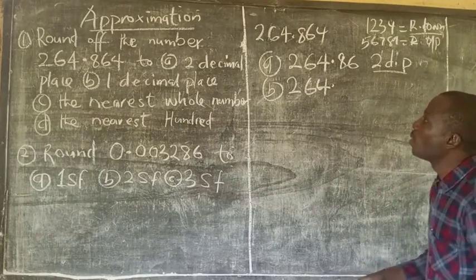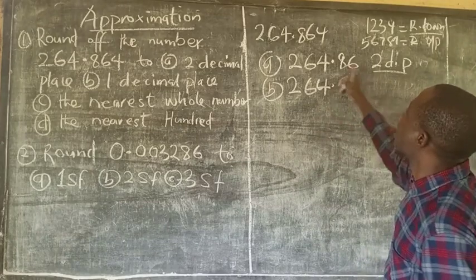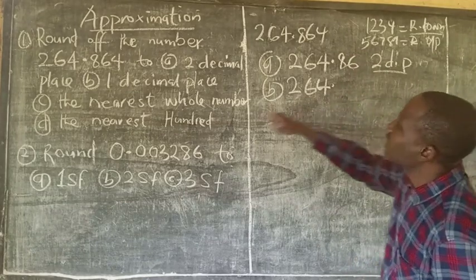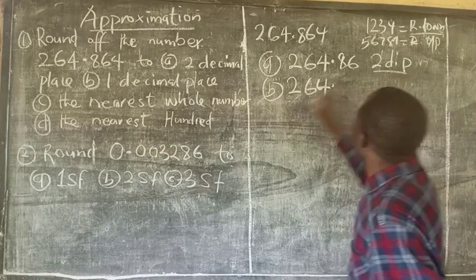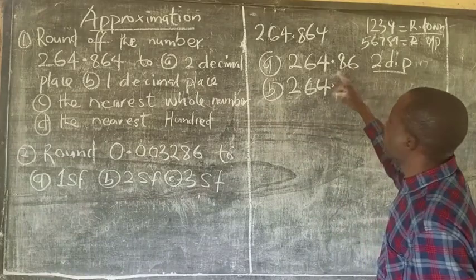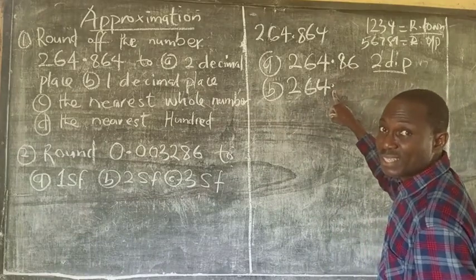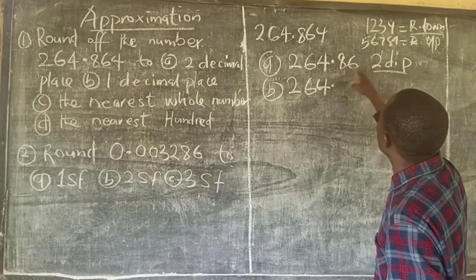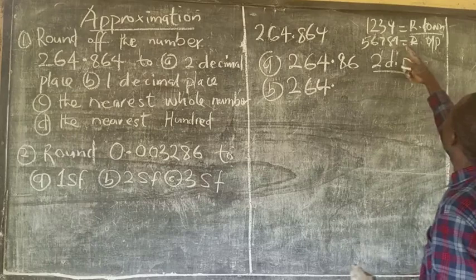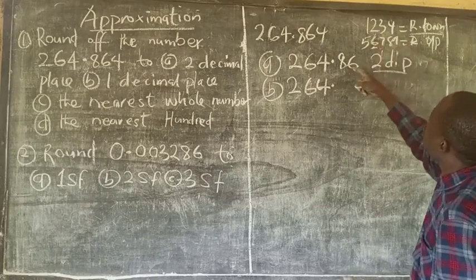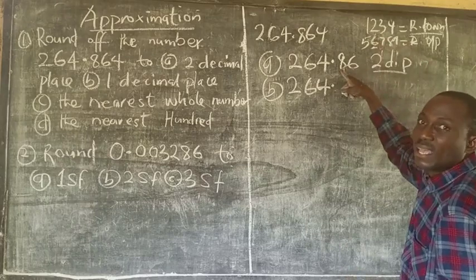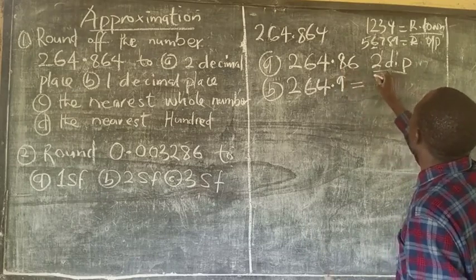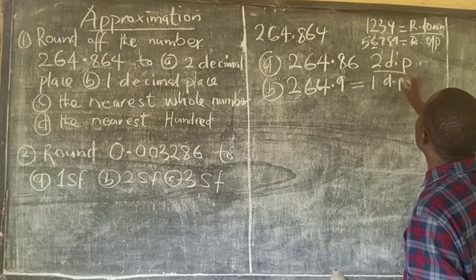To 1 decimal place, you want only 1 digit to stand after the decimal. Since this 6 is among those that should be rounded up, 5, 6, 7, 8, 9, take 1 from it and add it to the 8. 8 plus 1 becomes 9. This is to 1 decimal place.